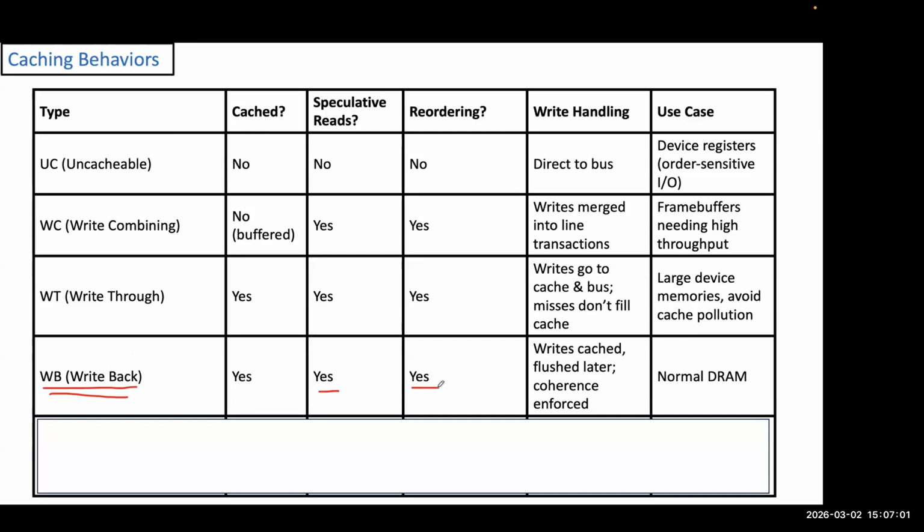For example, if you are reading instructions from a memory location for which the caching behavior is write back, and the instruction you read is a branching instruction, you don't wait for that branch to be resolved. You do the prediction, and based on the prediction result, the next instruction sequence is fetched from the predicted path, right?